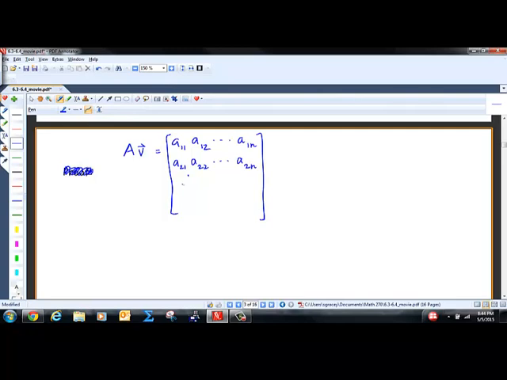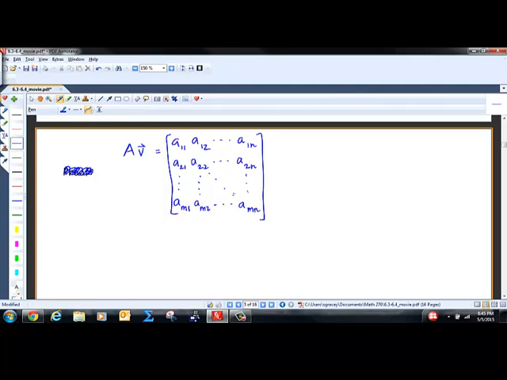This guy is going to go all the way down to AM1, so you're in the mth row in the first column. This guy is going to go down to the mth row, second column, and then as our last guy, we'll have AMN. Just a general matrix.